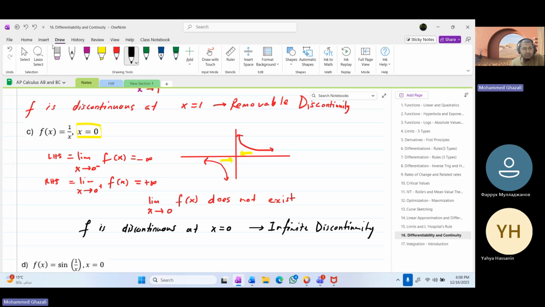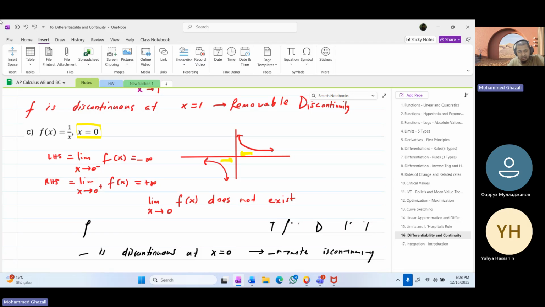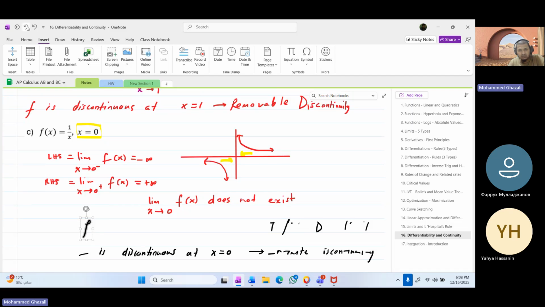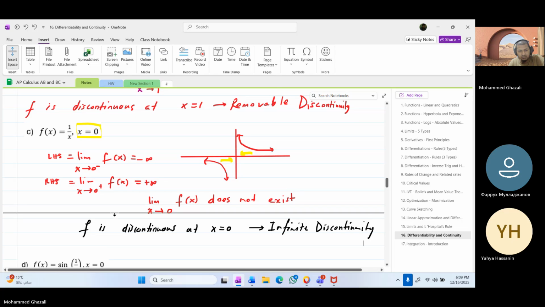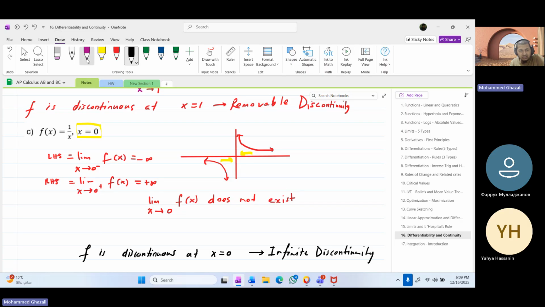Right, so we did say, and not only that, we also need to say that f of 0 is undefined.